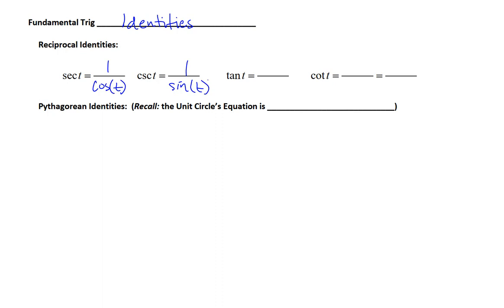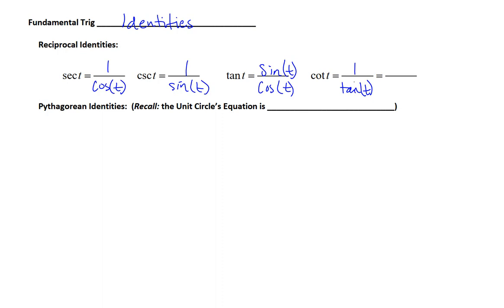Or similarly, tangent of t, we defined above as y over x. So that would be like saying sine of t, which is what y is, over cosine of t. Or, in the same kind of way, cotangent is really the same thing as 1 over tangent of t.